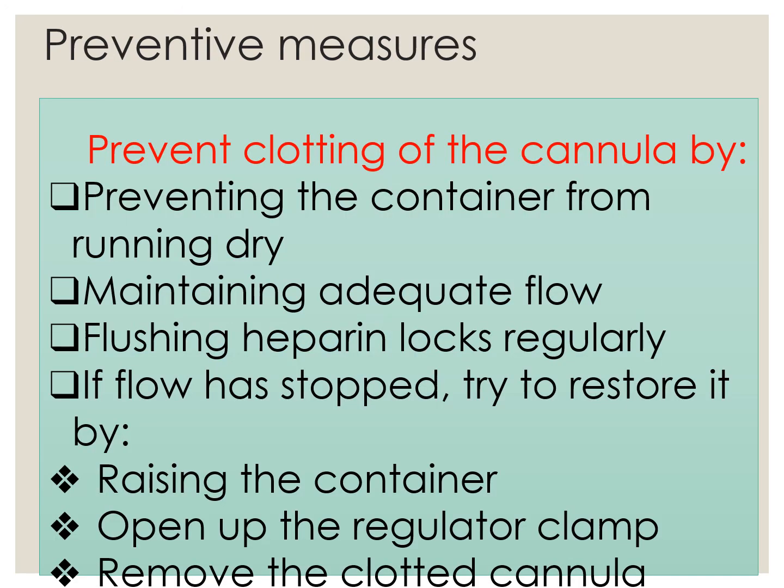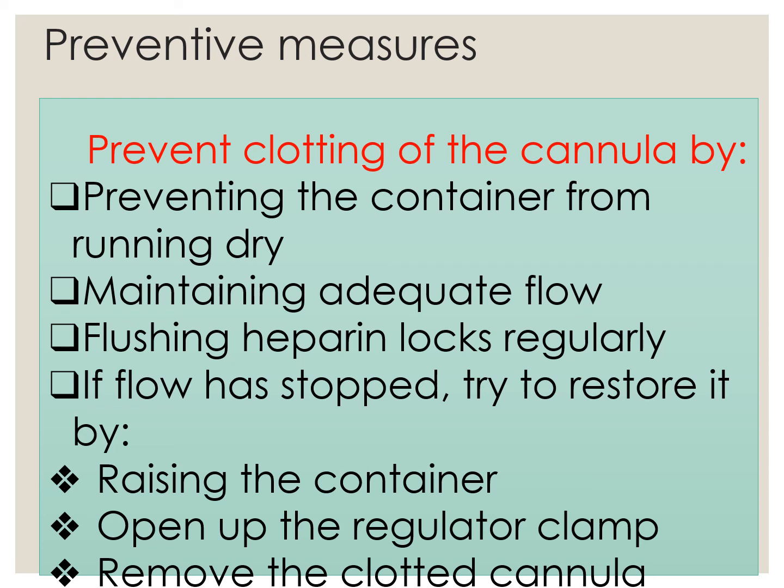Even though blood embolism is a serious complication, we can actually prevent it. How? You have to prevent clotting of the cannula by preventing the container from running dry. Don't let the solution run until it ends. You have to close the clamp before it runs dry.